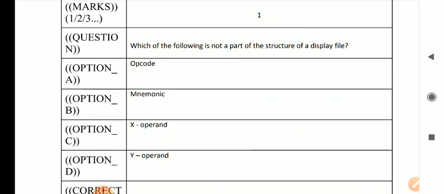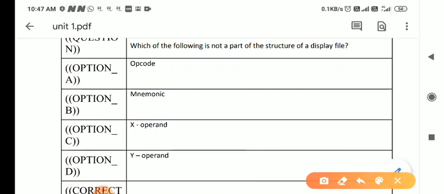Which of the following is not part of the structure of display file? So we know what is the format of the structure of display file. If you see the structure, first one is opcode, or we can say command, opcode or command.